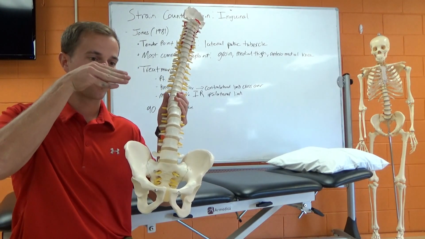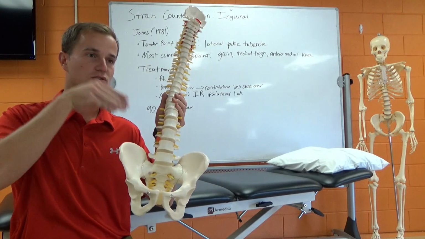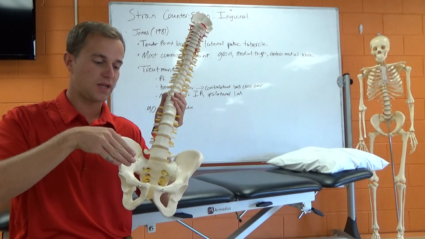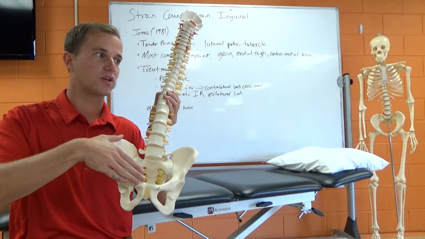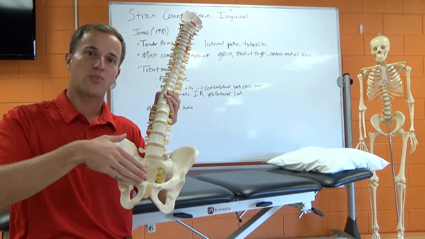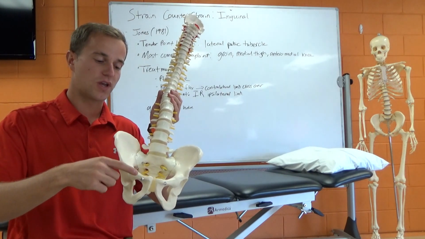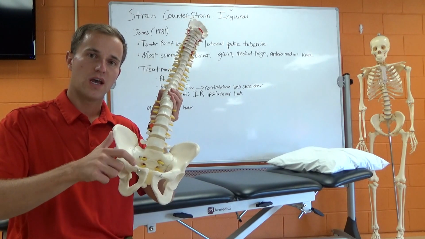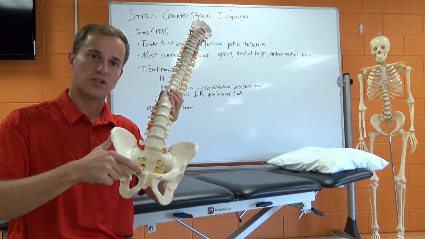I would approach from an anterior or superior lateral position down along that inguinal ligament until you reach the pubic tubercle. The tender point, according to Dr. Jones, is located on the lateral portion of the pubic tubercle, and you press in a medial direction.